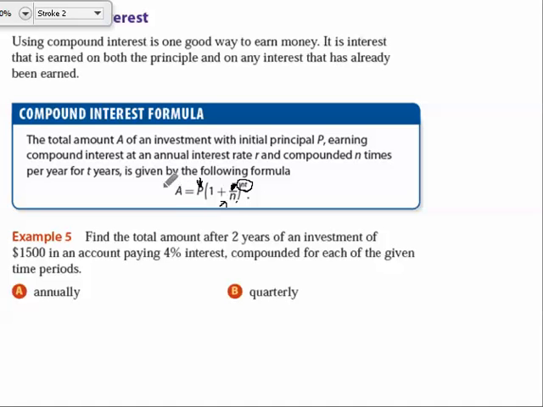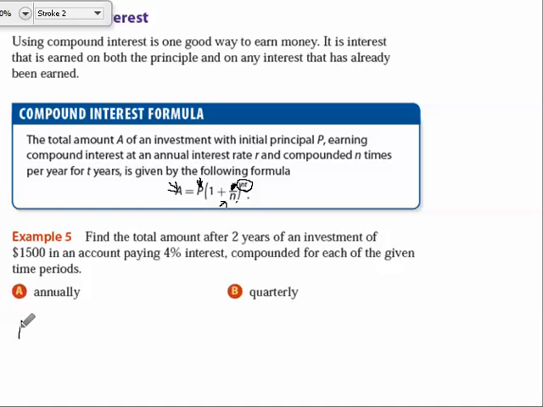So this A is the amount of money that you will have at the end of however many years. This one down here says, find the total amount of money after 2 years of an investment of $1,500 in an account paying 4% interest.